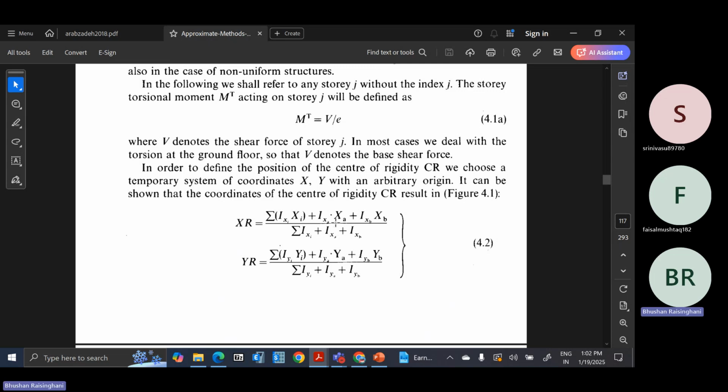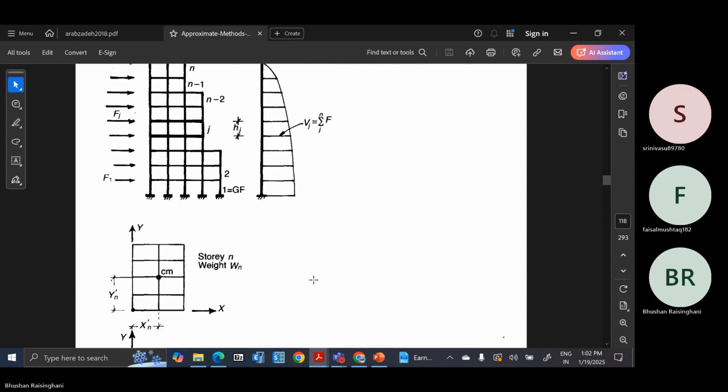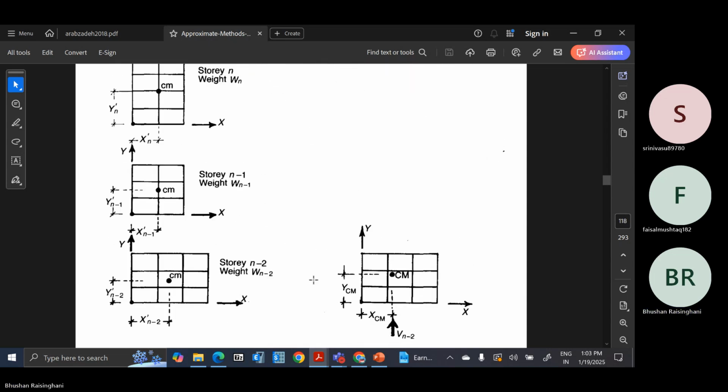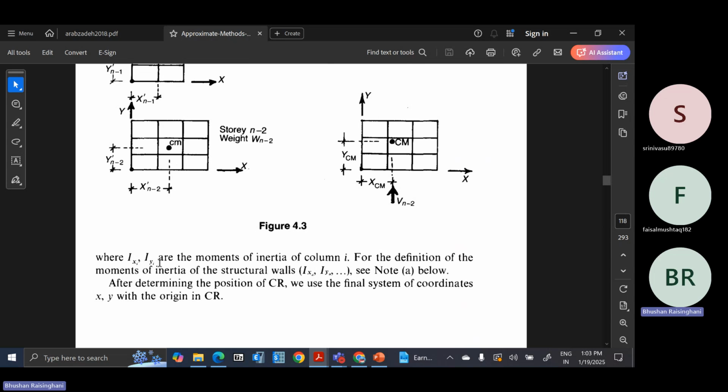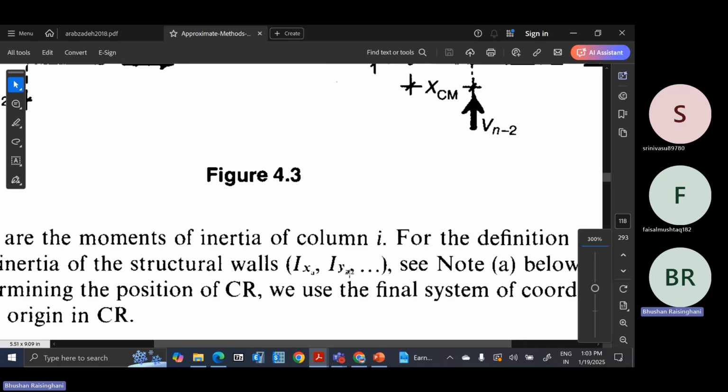So if we see this particular case, sigma I xi into xi, where Ix and Iy are the moment of inertia of the columns. For walls, they are taking Ixa, Iya, that are the shear wall I value, and for the beams here, they are using B.